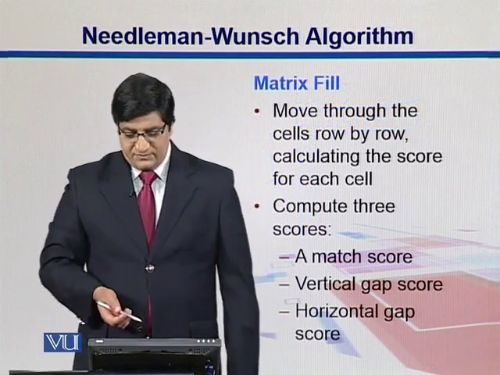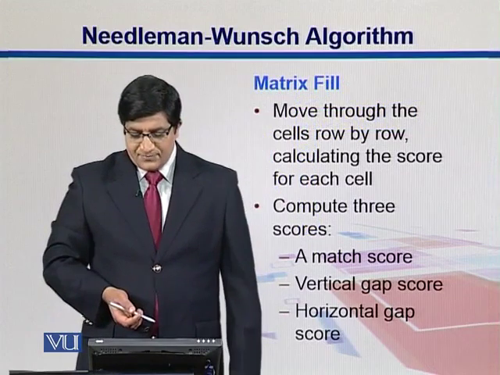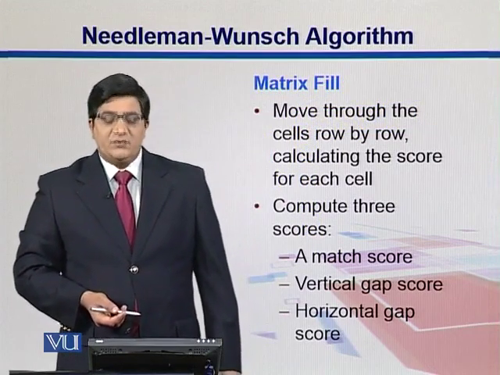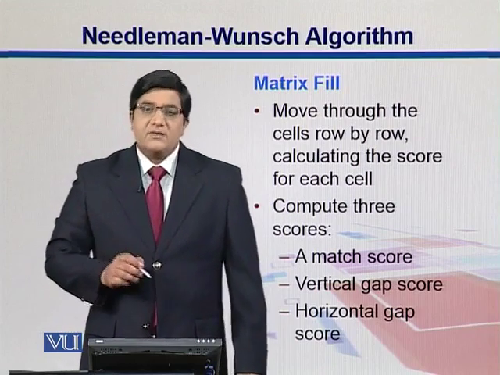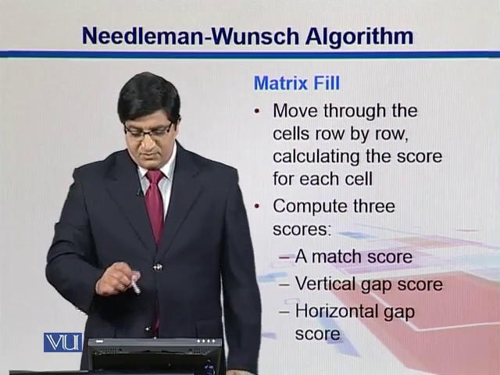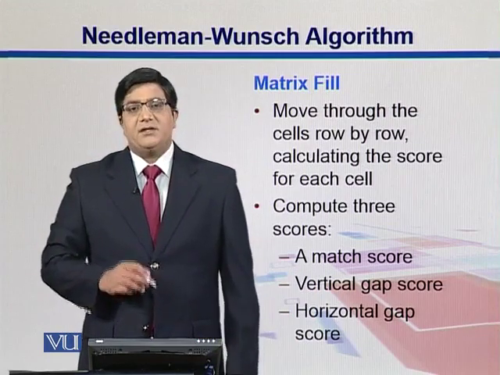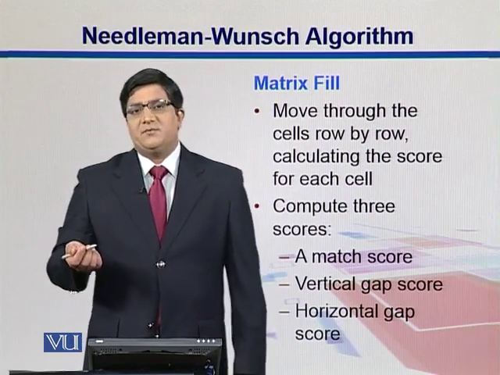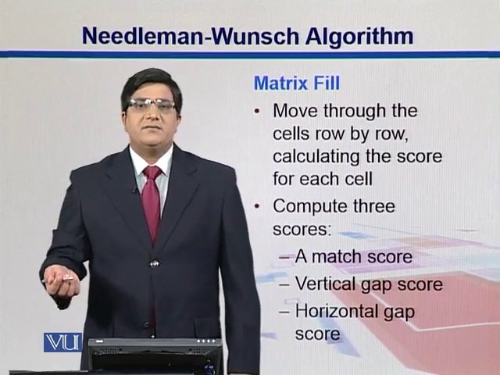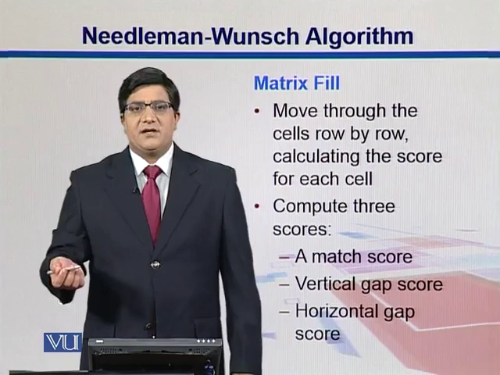So that is where we do matrix filling. So in this way we can compute 3 scores: a match score, where 2 segments match. Here we can also take the mismatch score, but in the algorithm we just put this match score. So if a match, for example, we add 3 in it. If it's a mismatch, we do something like 1 or minus something.